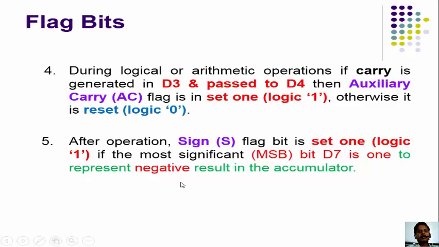This sign bit is mainly observed in case of sign magnitude representation, where the D7 bit plays an important role to indicate a positive or negative result. So these are the total 5 flag bits observed in the flag register of 8085.